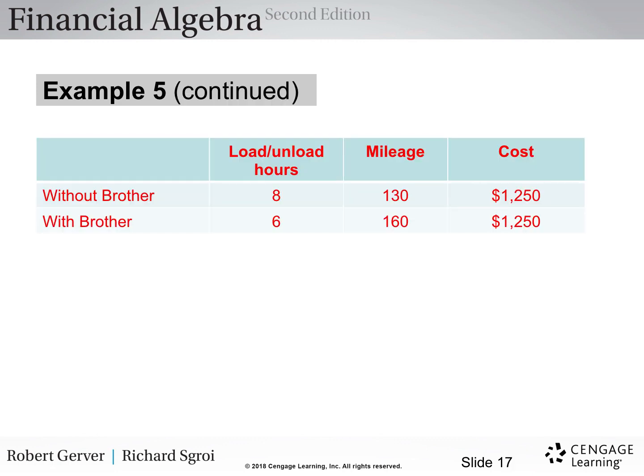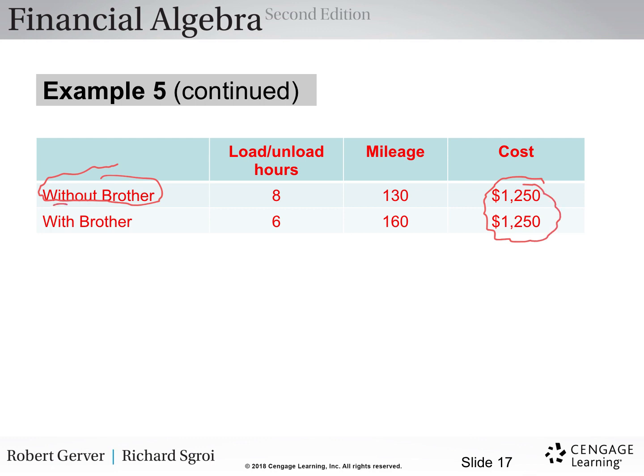Okay, so what I've done is create a table here. One of these shows the amounts of hours for loading, unloading, and mileage when her brother was not included, okay, and what the cost was. Notice the cost was quoted as the same for both.